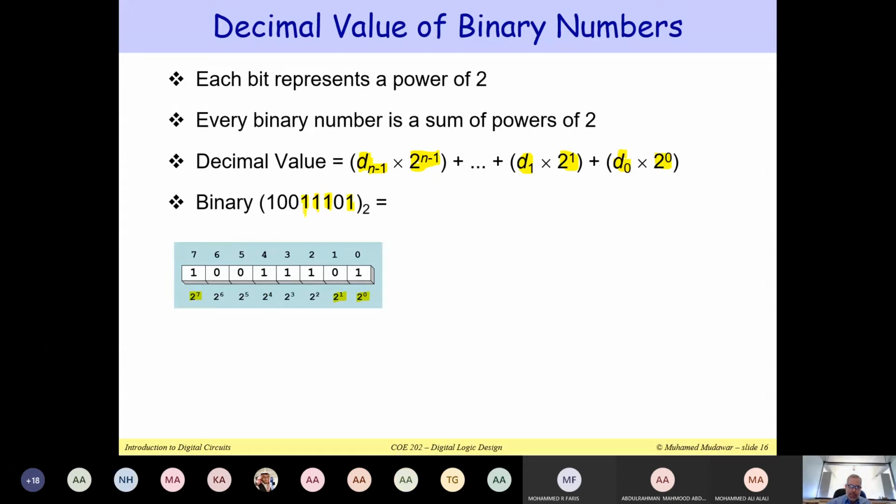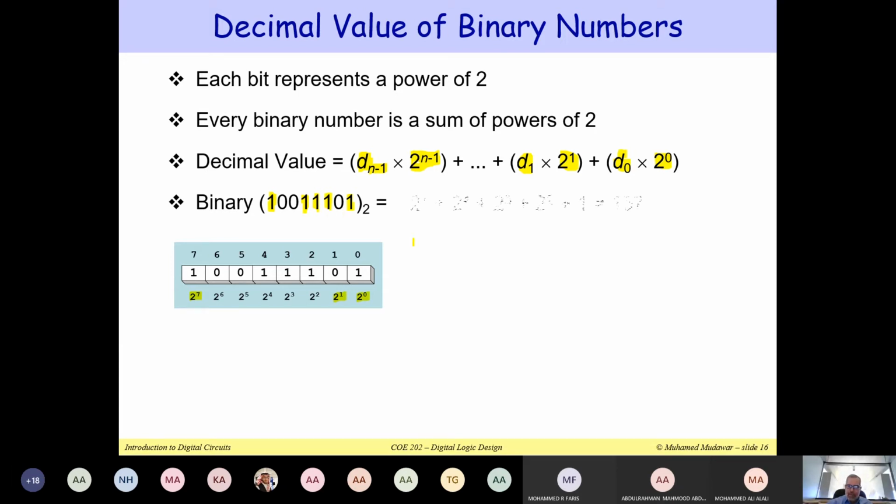Then we skip the 0. Now this one is what? What is 2 to the power 7? 128. So I'm going to add 128 plus 16 plus 8 plus 4 plus 1.